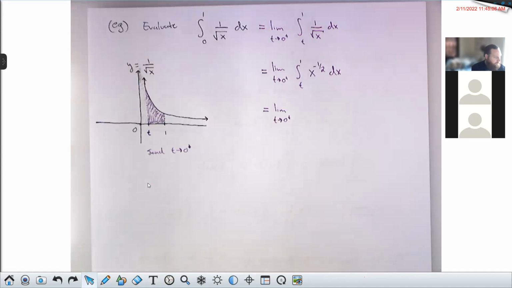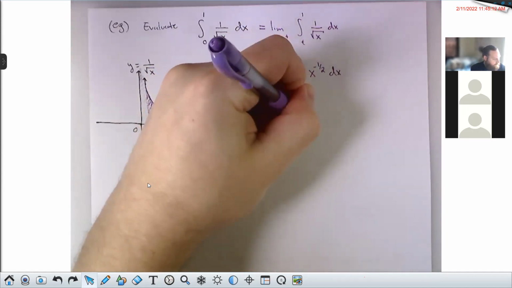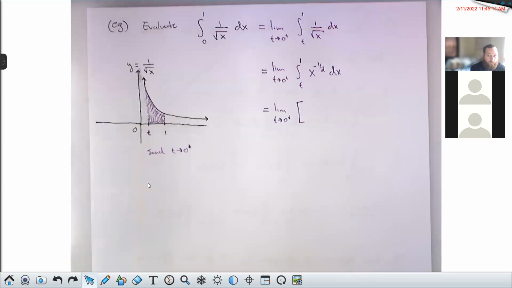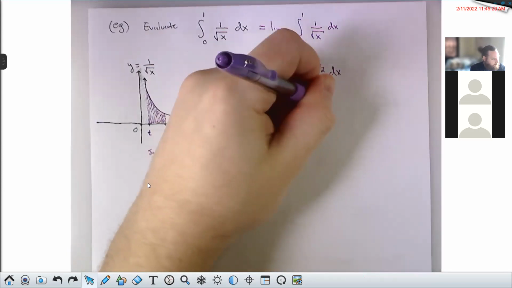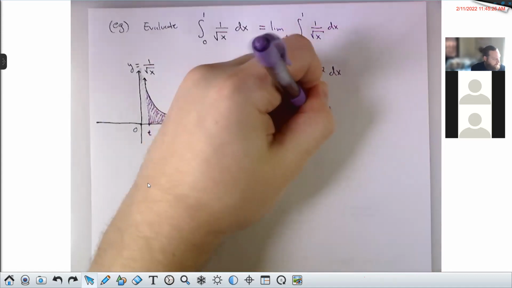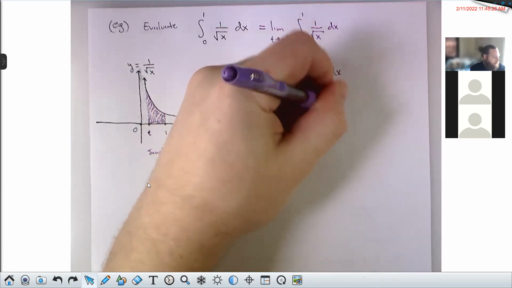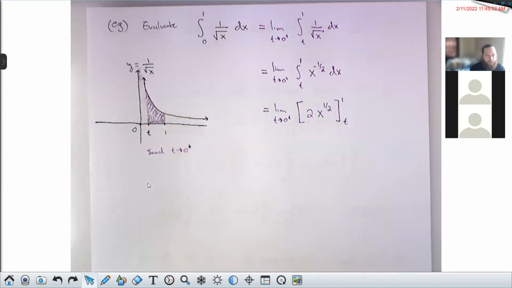Please don't get sloppy. Your antiderivative comes from the power rule. You add 1 to negative 1/2. Negative 1/2 plus 1 is positive 1/2. So it's going to be x to the positive 1/2. And then we need to divide by that new power. Dividing by 1/2 is the same as multiplying by 2. So that's our antiderivative. And this needs to be evaluated between the bounds t and 1.